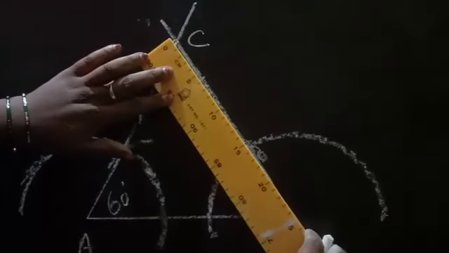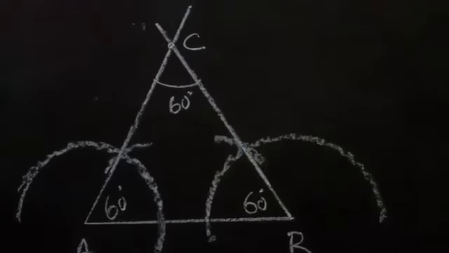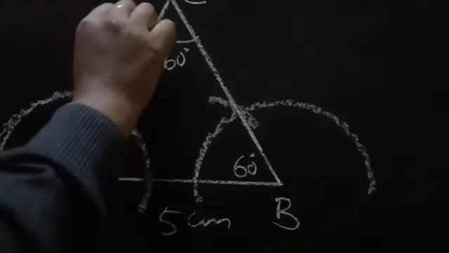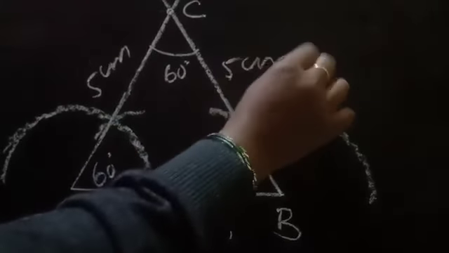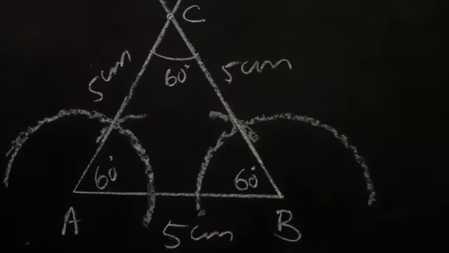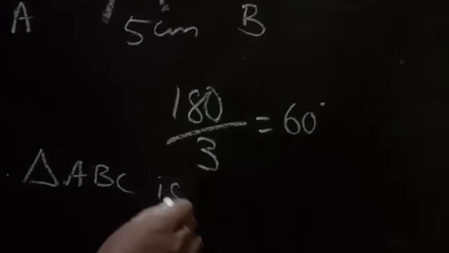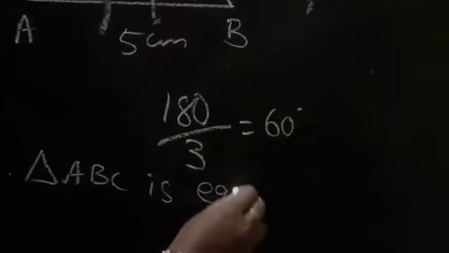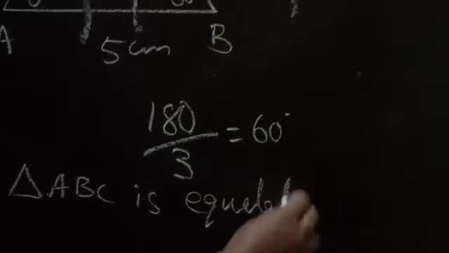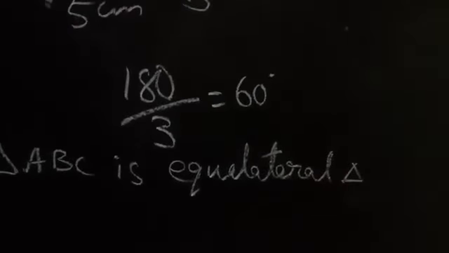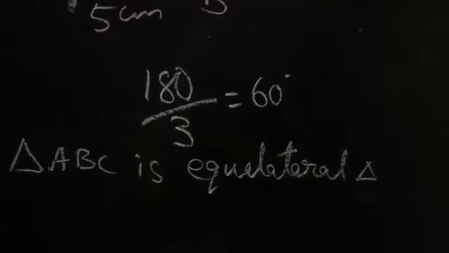CB also is 5 centimeter. So all the three sides we are going to get as 5 centimeter. Therefore triangle ABC is an equilateral triangle as well as an equiangular triangle.